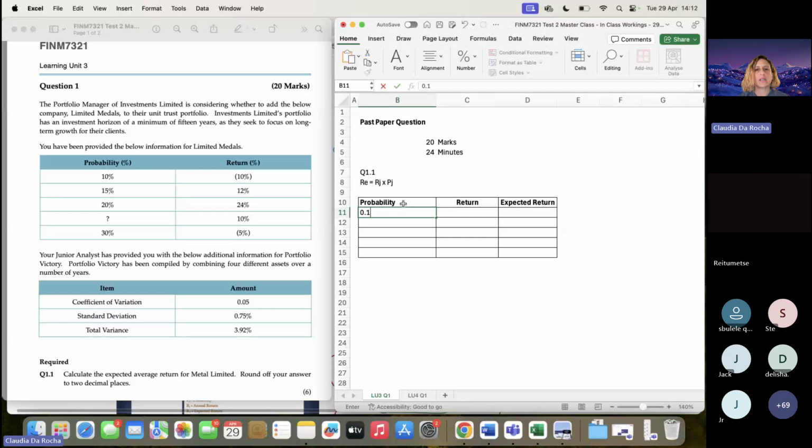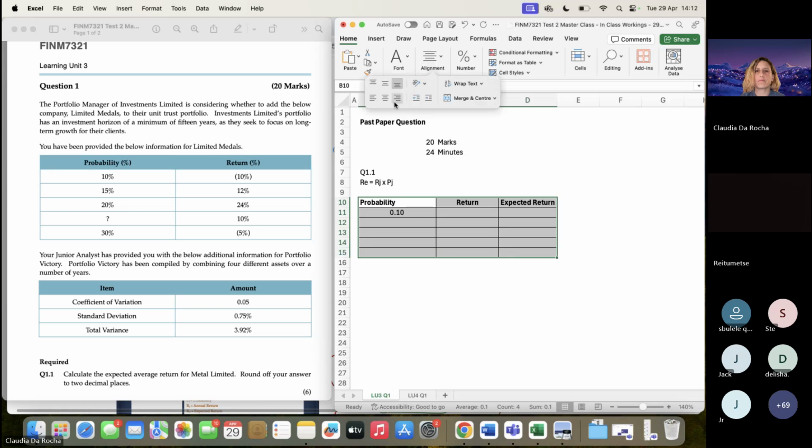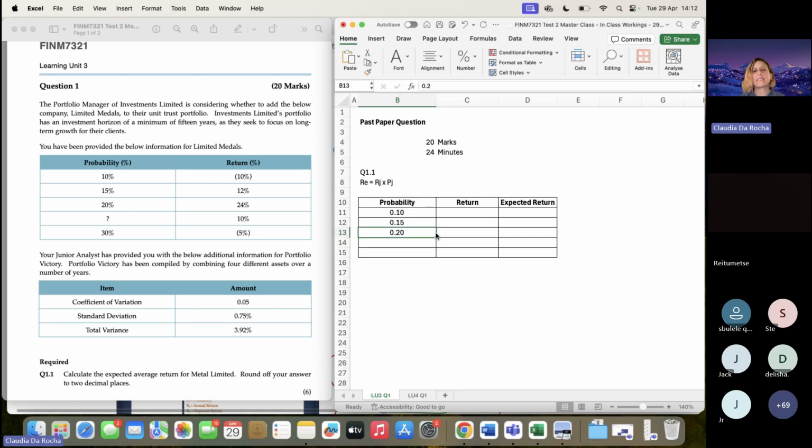So I'm going to make it 0.10. I like to do all of my probabilities in decimals.